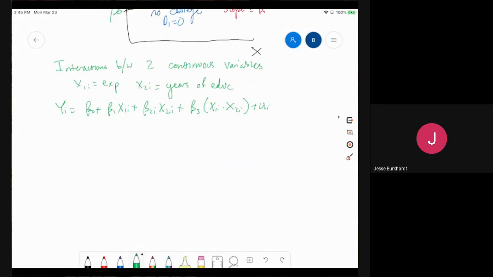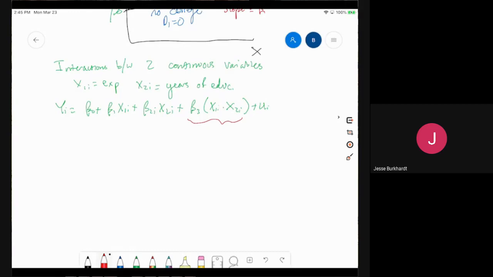In a non-interactive model, if we left out the interaction term, then the 2 would not depend on each other. We would hold them constant, which would be great because we're taking them out of the error term, but we're not accounting for the fact that one can depend on the other. So the effect of one variable does not depend on the level of the other variable.